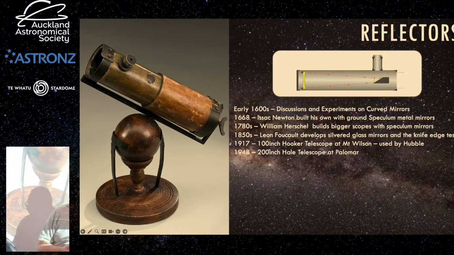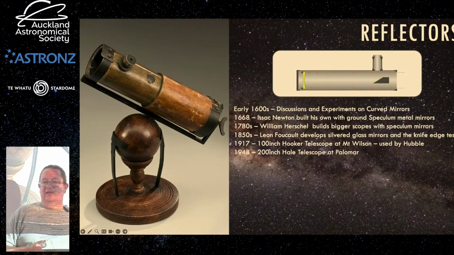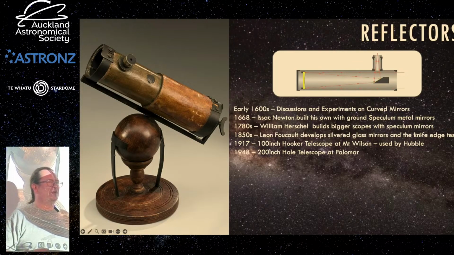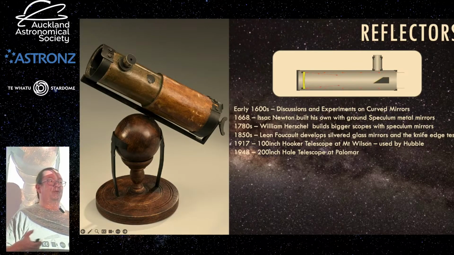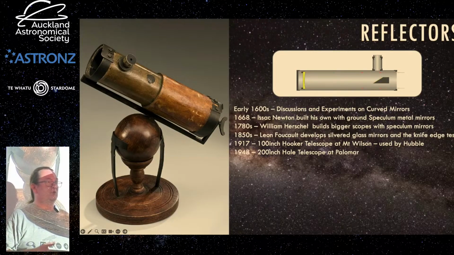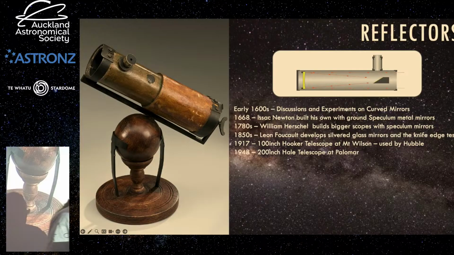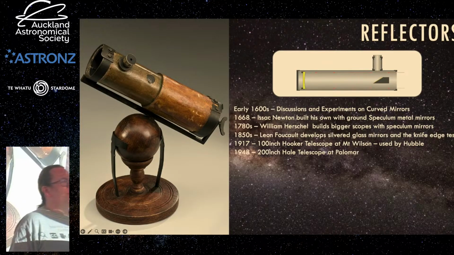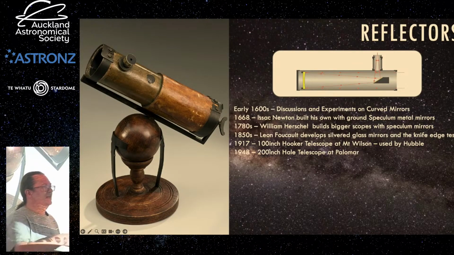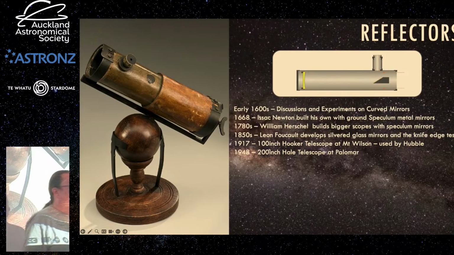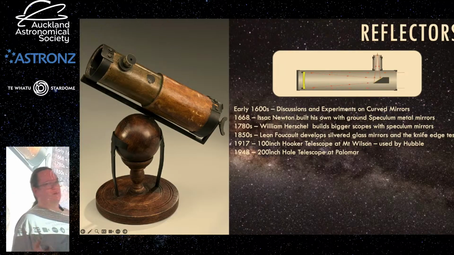In the 1780s, William Herschel built his own tools to grind bigger and bigger mirrors. If anyone's ever been to the Science Museum in London, there are some really cool displays of Herschel's tools and some of his telescopes. He was still using speculum metal, but he perfected a way of grinding it into a really nicely figured surface so that he could use bigger and bigger apertures to get more and more detailed views of the skies.